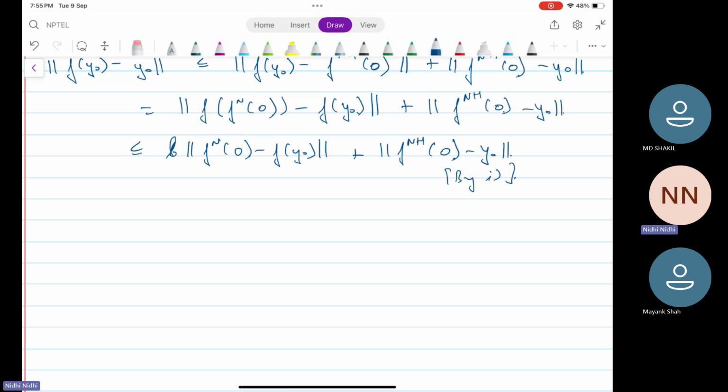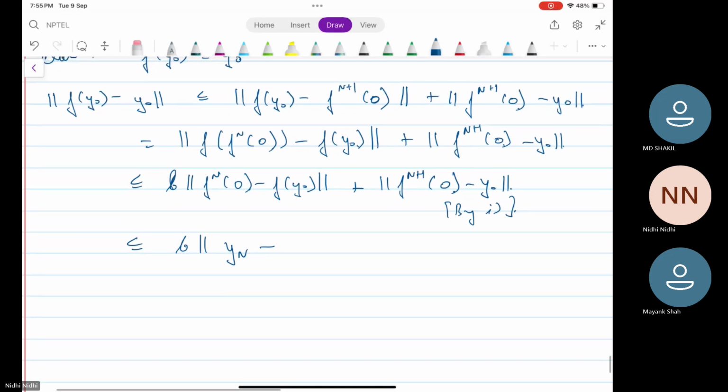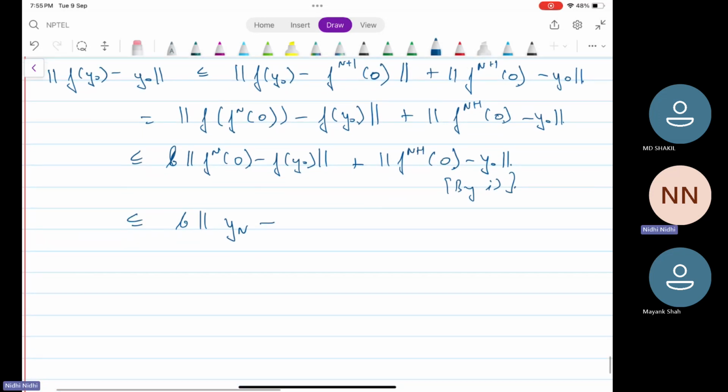So this would be less than or equal to b. Now this is yn minus y naught. And this will be yn minus 1 times b square, y naught, plus yn plus 1 minus y naught.